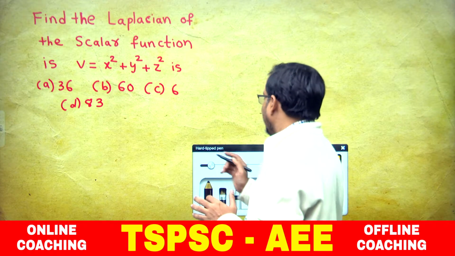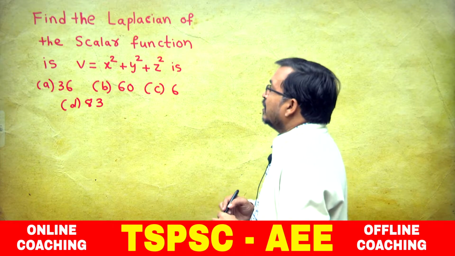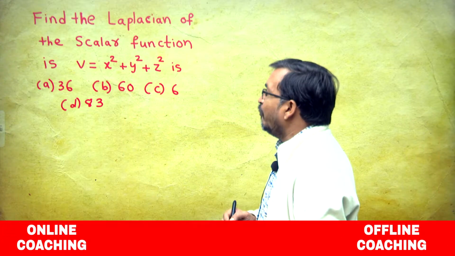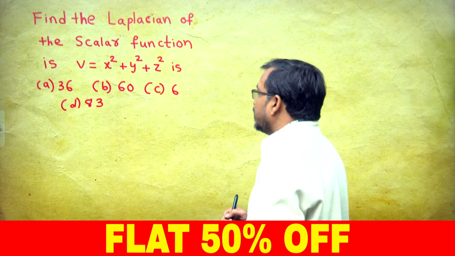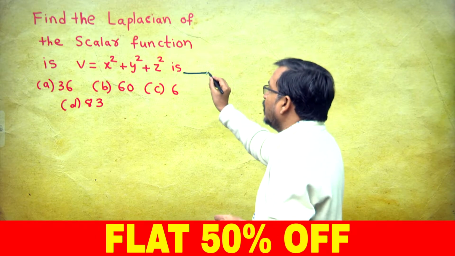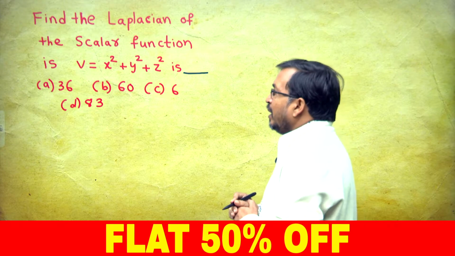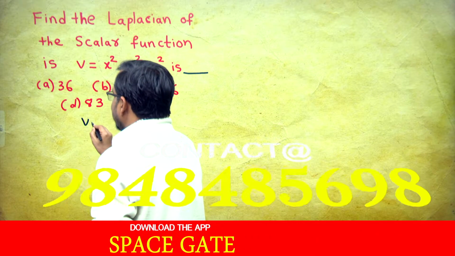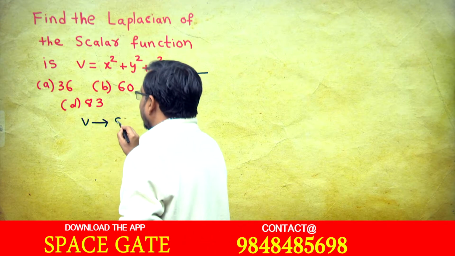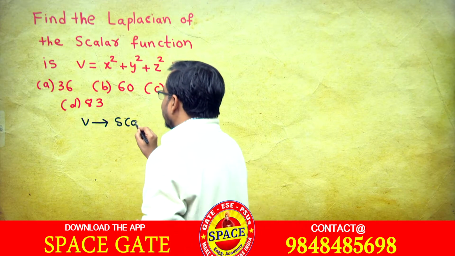The question I am giving here: the Laplacian of the scalar function v equal to x square plus y square plus z square. Here the input is a scalar, so I am considering v as a scalar.